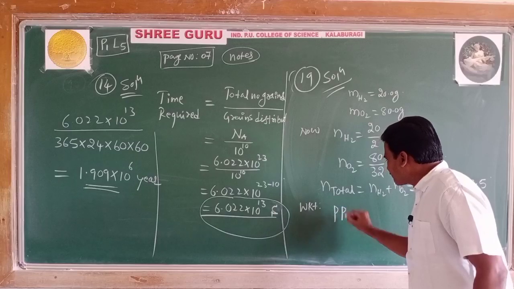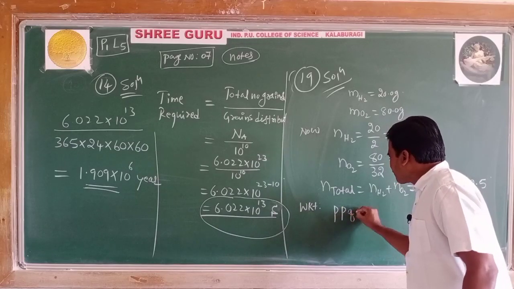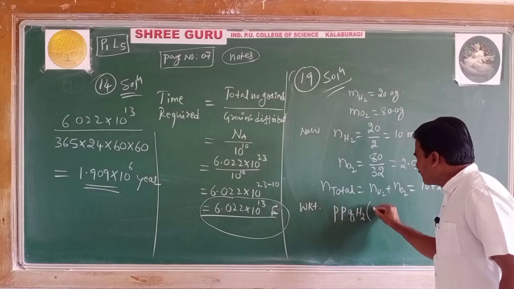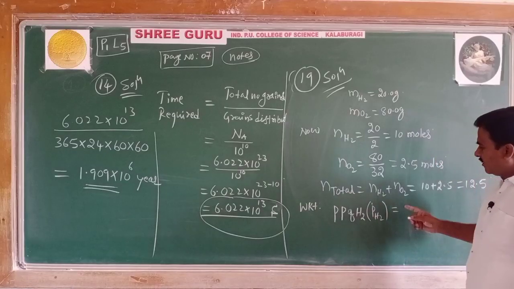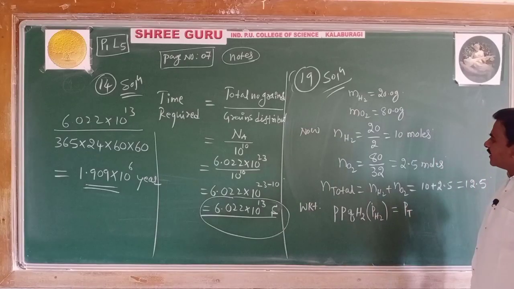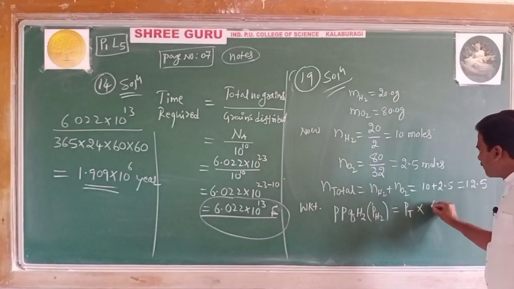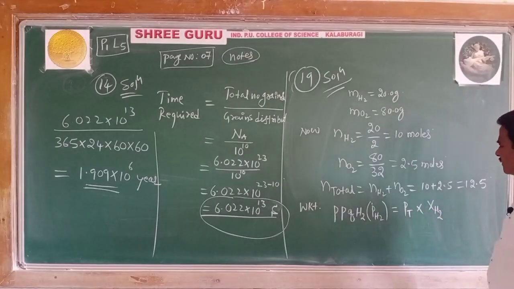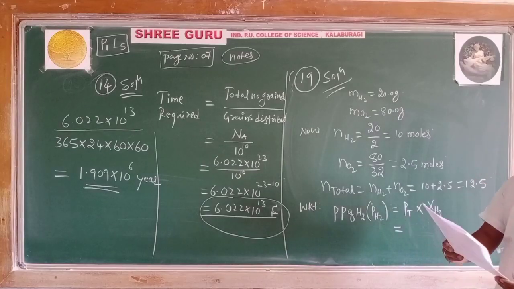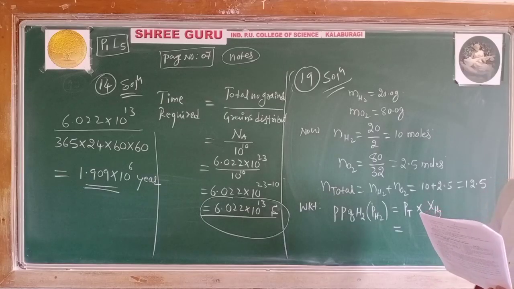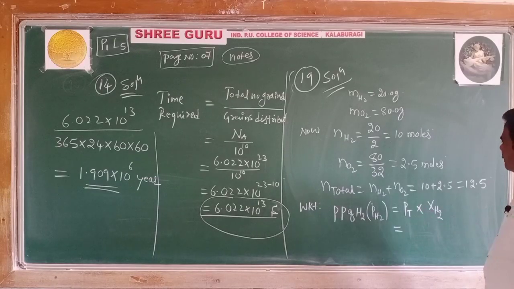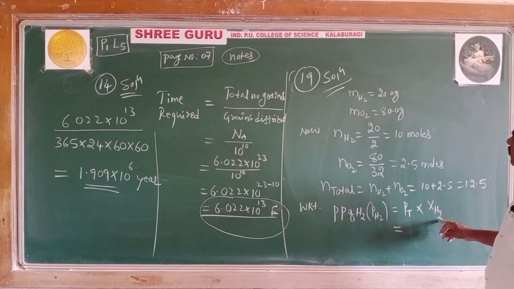Partial pressure of H2, P of H2, is given by the formula: total pressure, P total, multiplied by the mole fraction of dihydrogen. So what is the total pressure?